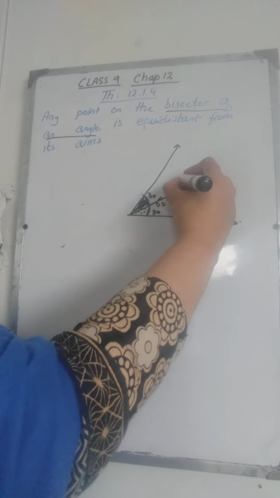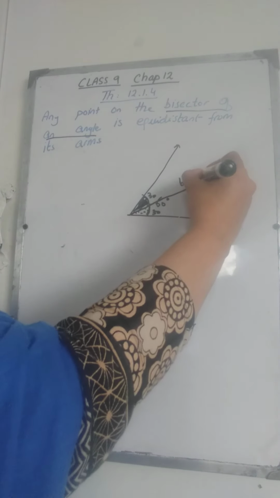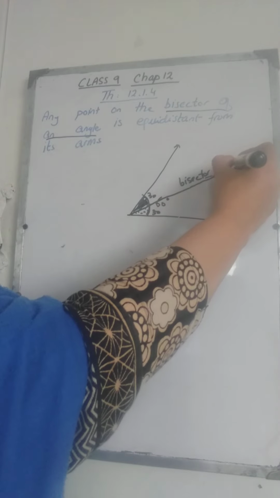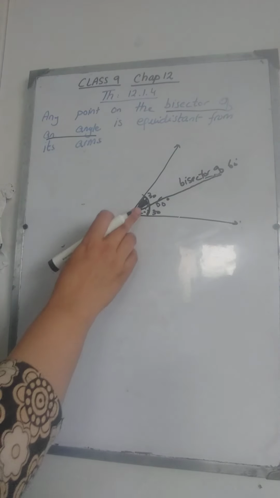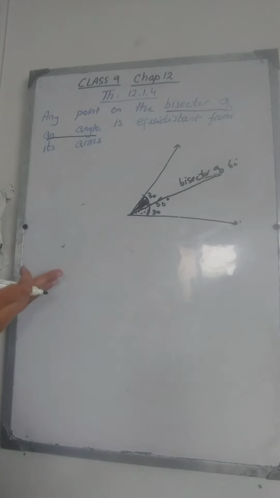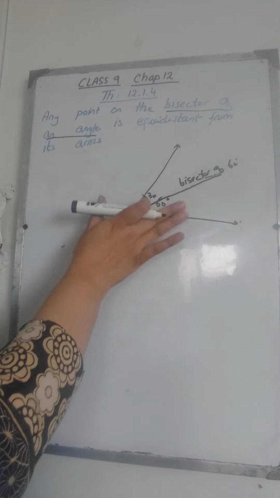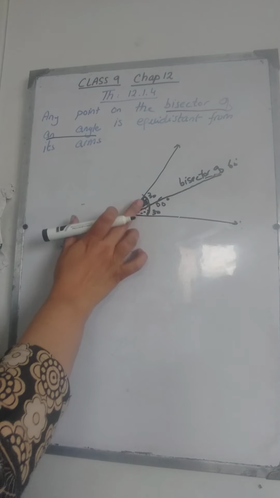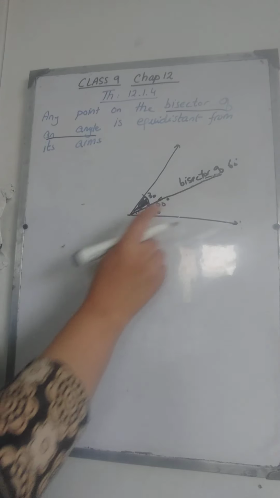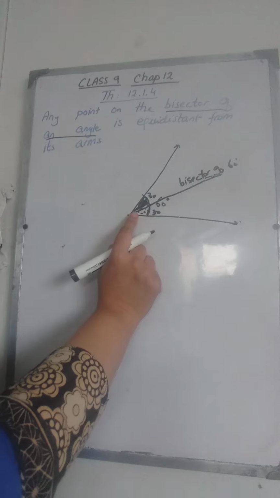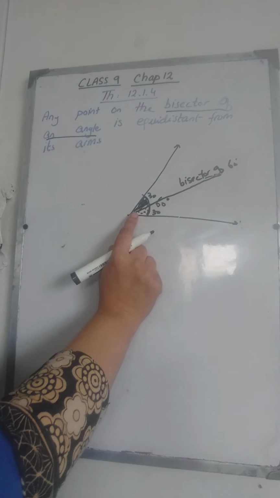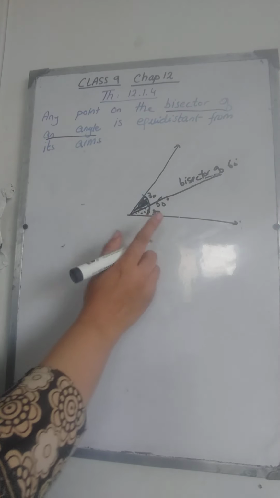Such a line is called the bisector of the angle of 60. So it is any line which passes through the angle such that it divides this angle into two equal halves. 30 plus 30, both these make the angle of 60. Then we say that this line is the angle bisector or the bisector of this angle.